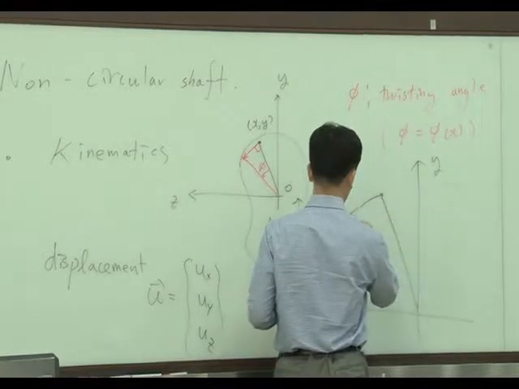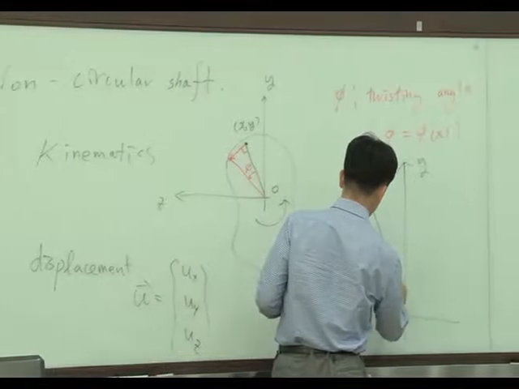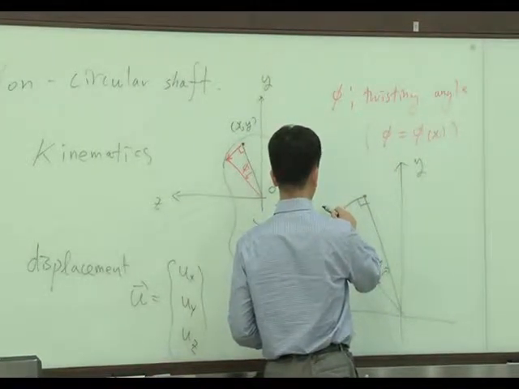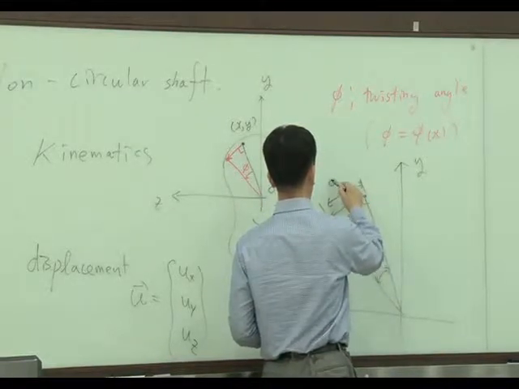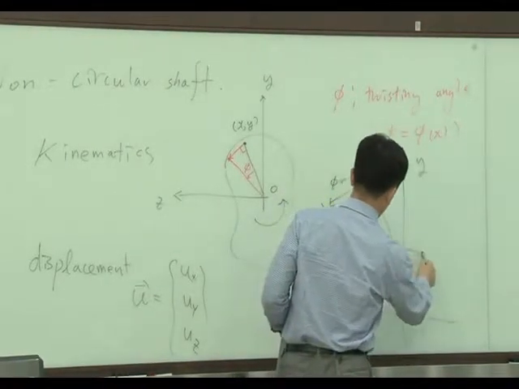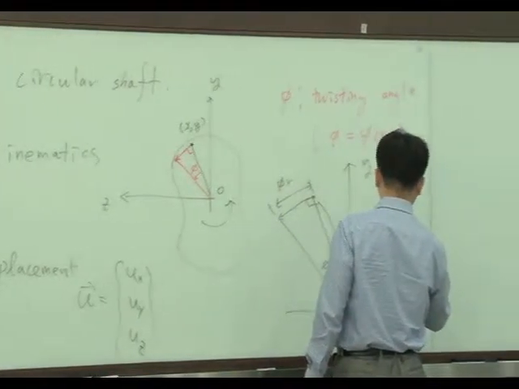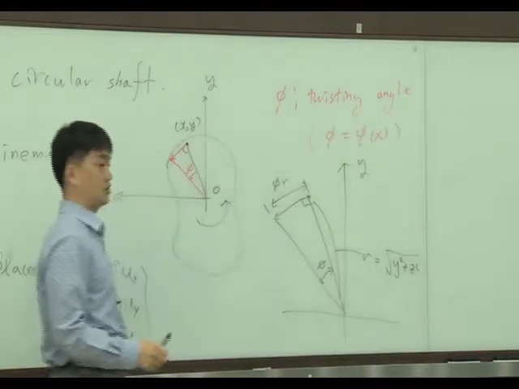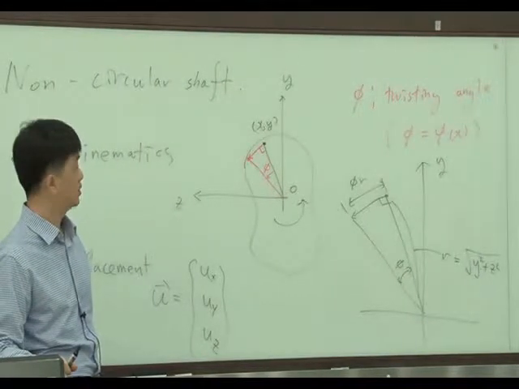This point goes in this way with rotation phi. What's the length of this movement? Phi r, right? Let's say this is r. R equals the square root of y squared plus z squared. R is the distance from the origin.